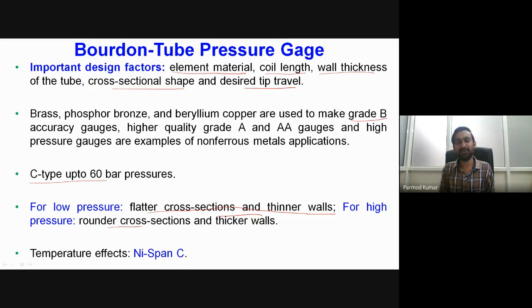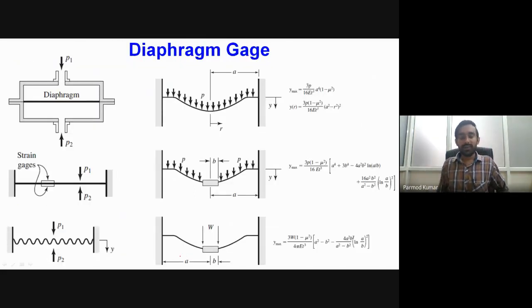So particularly when temperature effects become important, nickel span C type alloys are mainly employed, which are less sensitive to temperature fluctuations. Okay, so this is all about Bourdon tube type gauges, and particularly the Bourdon tube type gauges are used for static pressure measurements only.